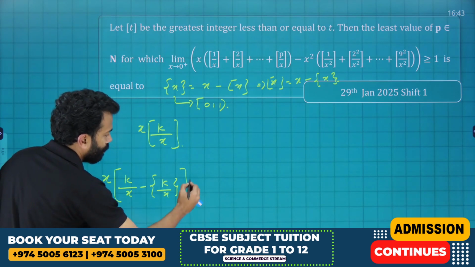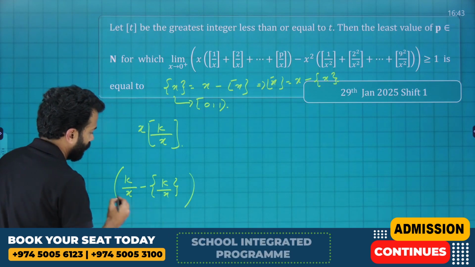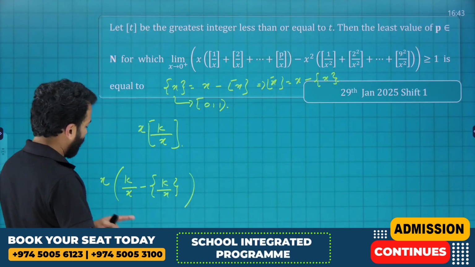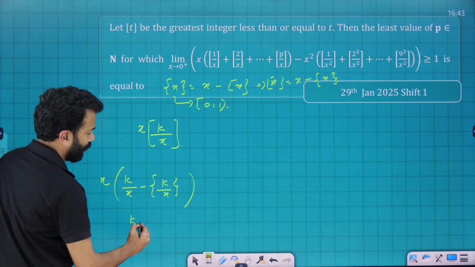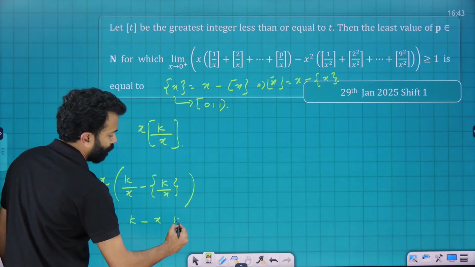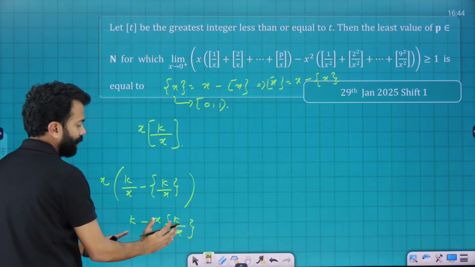Use another bracket here to avoid confusion; this is an ordinary bracket, not box. Open the bracket and you get x into k by x, which is k, minus x into the fractional part of k by x.